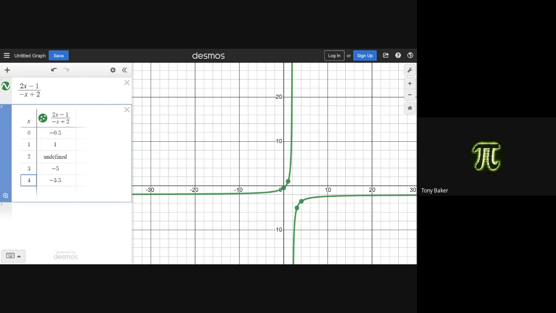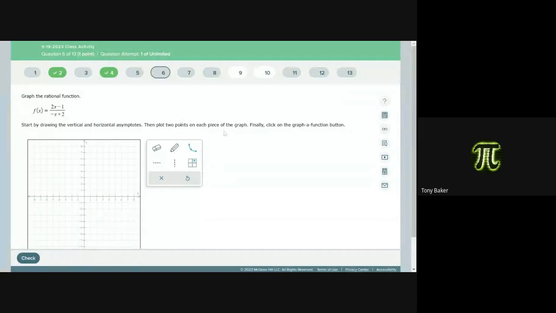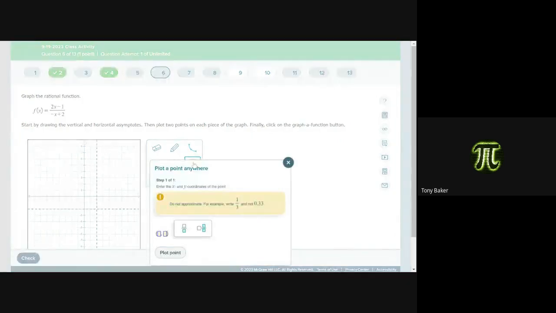So now let's go to Desmos because now we've got our answers. My vertical asymptote was 2. My horizontal asymptote was -2. And then we're going to plot my points.